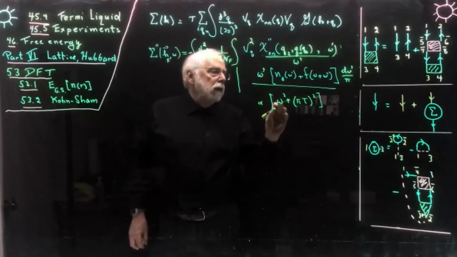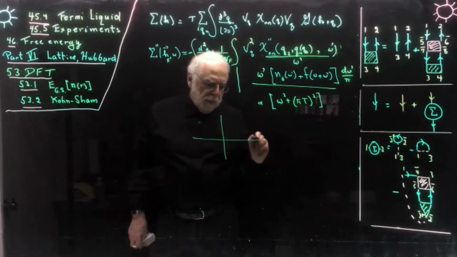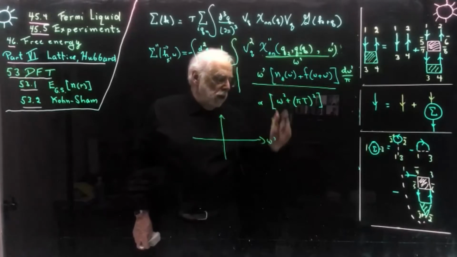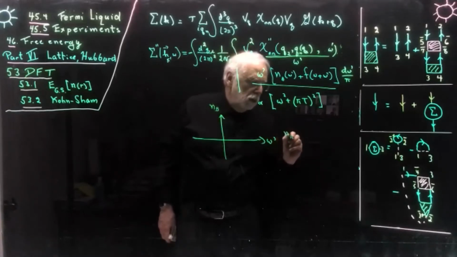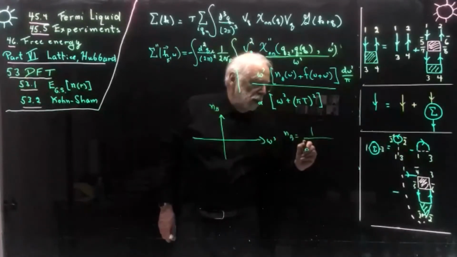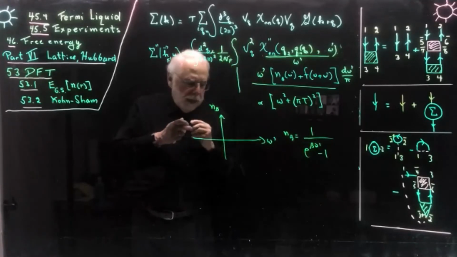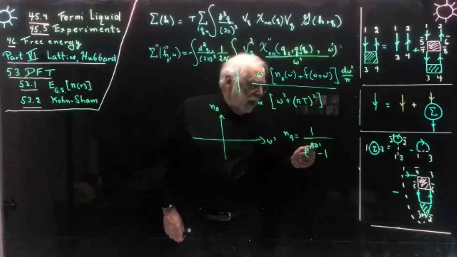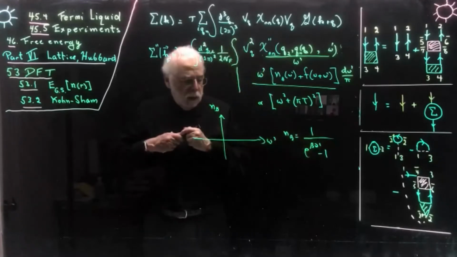And one way to see the omega square here is, like I said the other time, if I look at the function of omega prime, the Bose function, n Bose is 1 over exponential of beta omega minus 1. So we're working in the zero temperature limit, so beta goes to infinity, which means that when omega is negative, this is 0, and I get n Bose is minus 1.